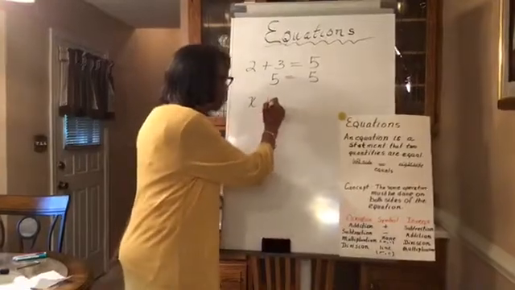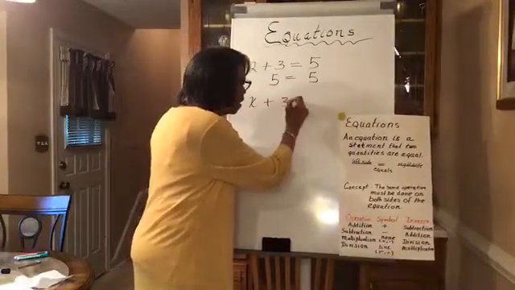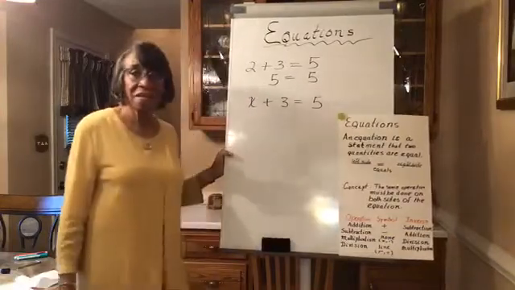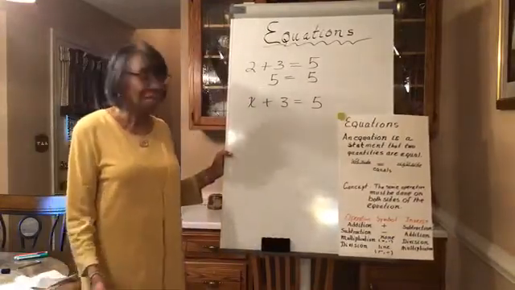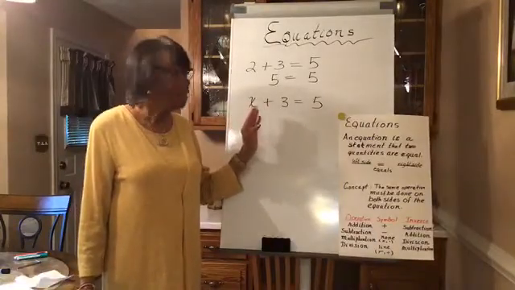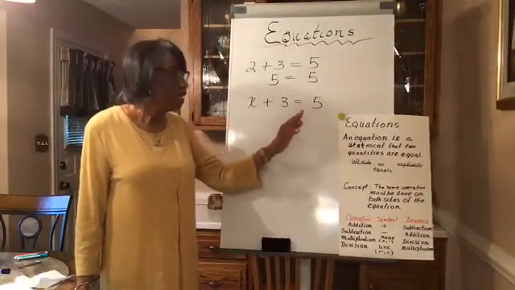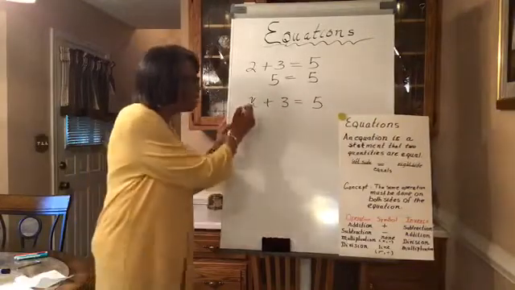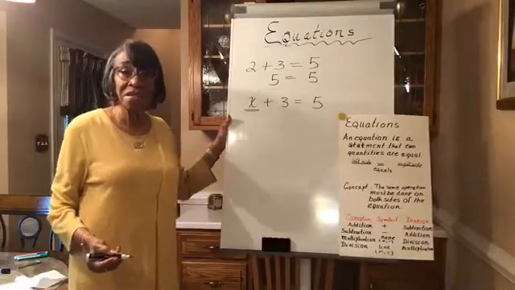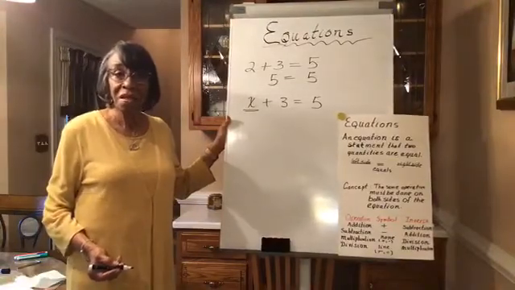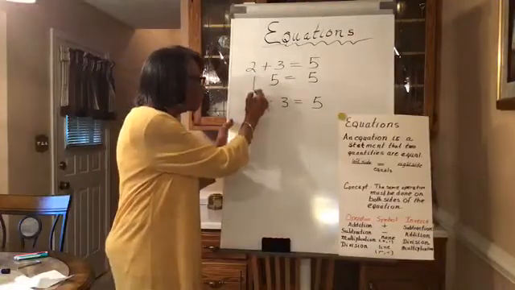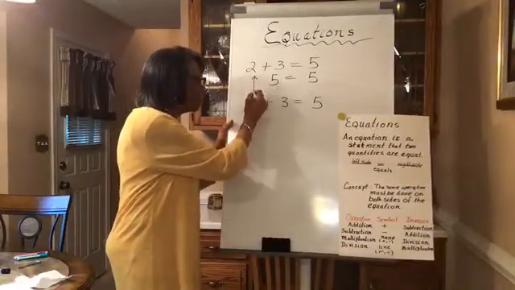X plus 3 equals 5. All right? The left side is x plus 3. The right side is 5. So this is the variable. It's a letter that represents a number. The variable x here represents what number? All right, it represents 2.